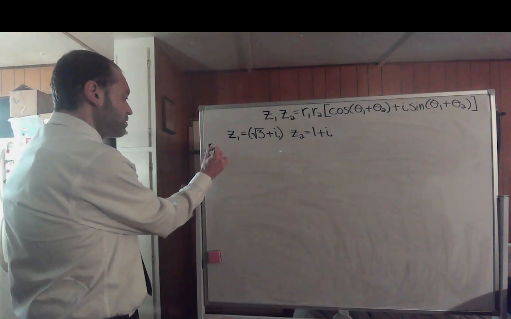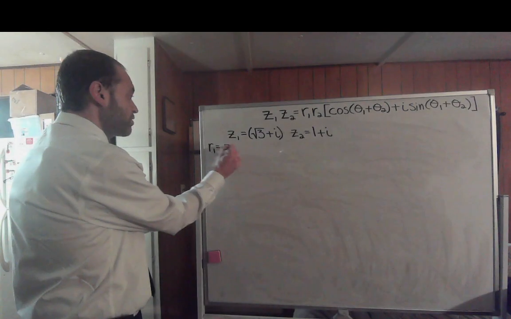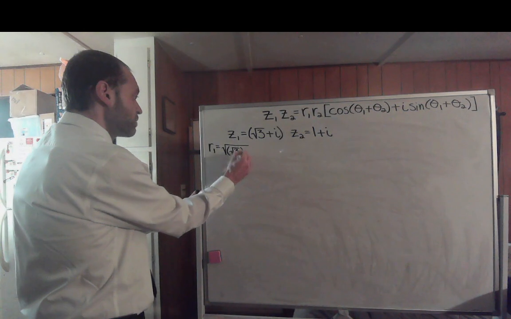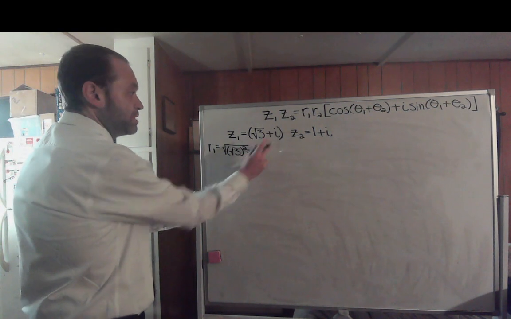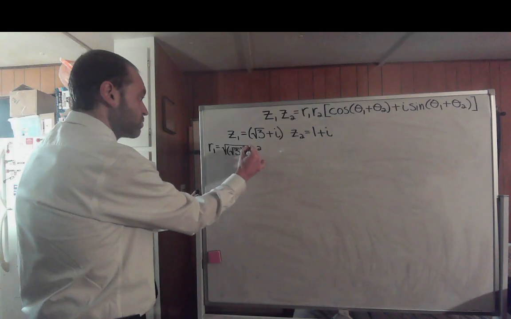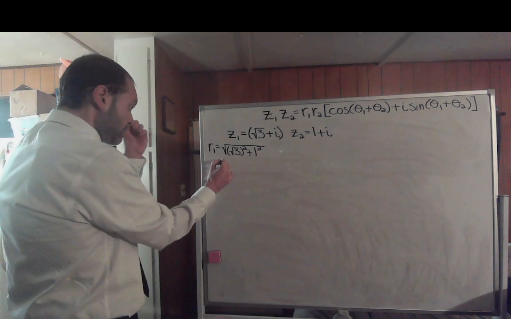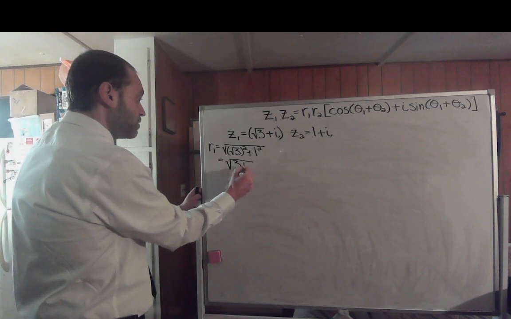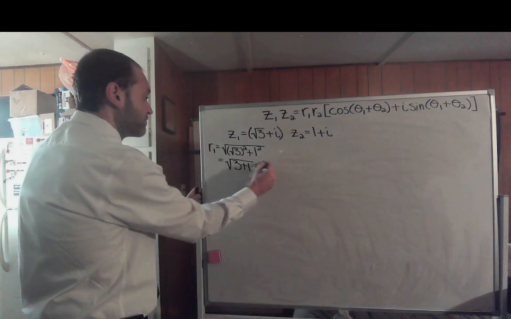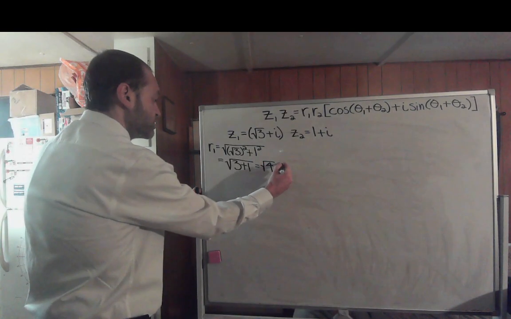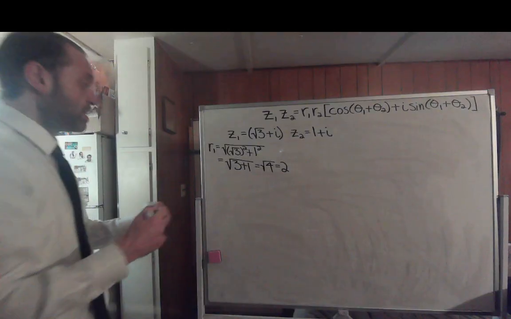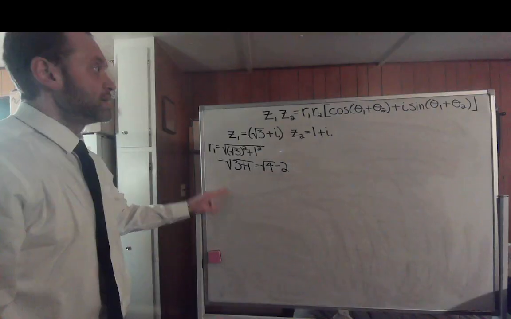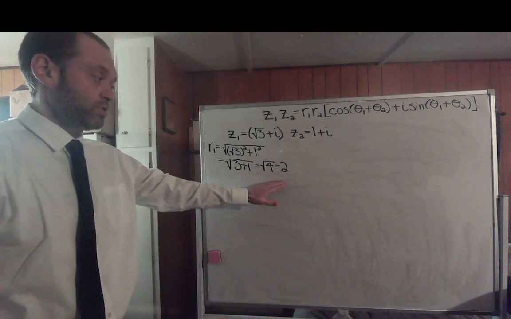So r sub 1 equals the square root of my a squared, which is the square root of 3 squared, plus my b squared, which would just be 1 squared. Well, that's going to equal the square root of 3 plus 1, which equals the square root of 4, which equals 2. So my r sub 1 is going to end up being 2.